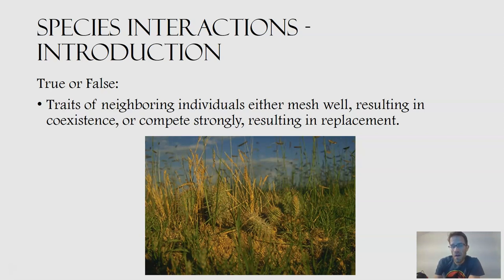Well, it's false, and oftentimes it's important to recognize that it's false because a lot of times we think about the natural environment in terms of how this question is set up, where things either mesh really well and they can work together, or they're bitter enemies and they just will never work. But oftentimes what we actually find is that there can be competition leading still to coexistence. And we'll talk about that a little bit more.